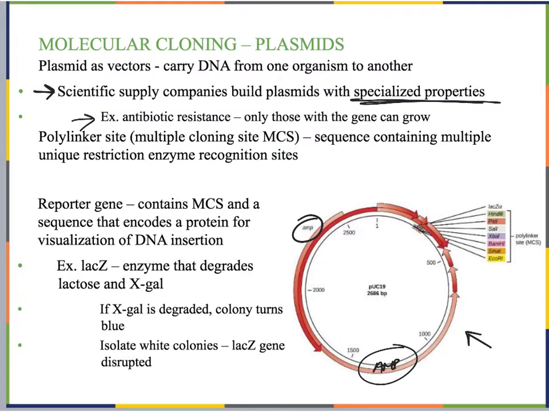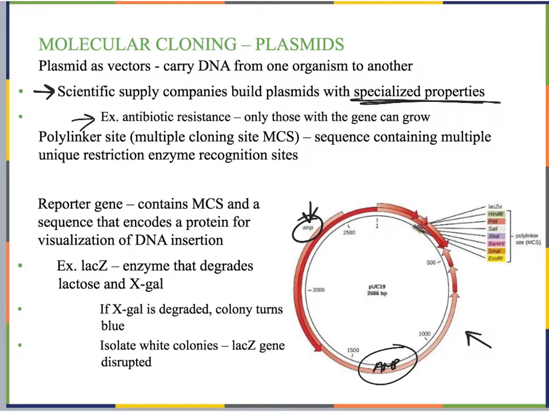And so if the bacteria did get this plasmid into it, then it would be able to withstand that ampicillin, and therefore we know if it grows on there that it has the plasmid that you want in it. And then, of course, you can take that and make copies from that. So that is one way to know if you got your plasmid inside the bacteria.